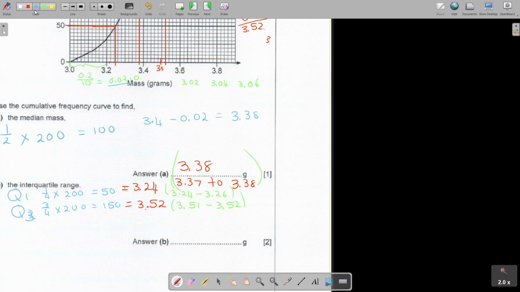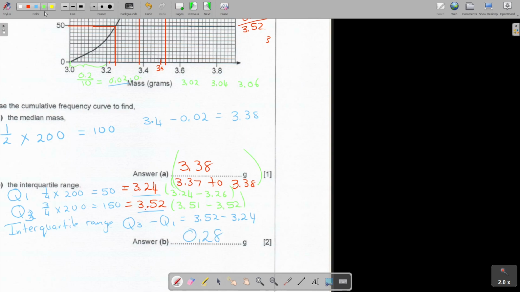And then, as long as you take your answer, this is now my answers. So to find the interquartile range, it is Q3 minus Q1, and that is 3.52 minus 3.24, and my answer is 0.28.